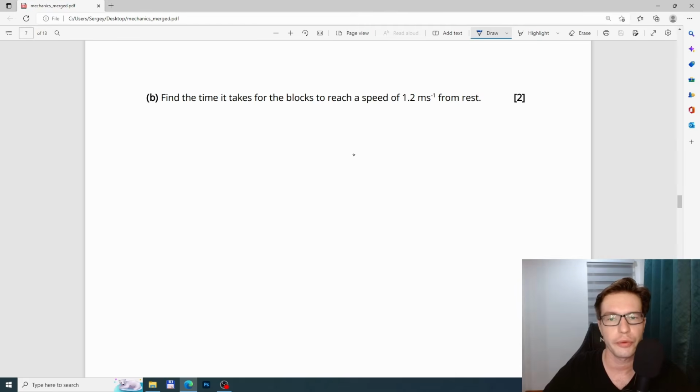Okay, next question. We know the final velocity, v. We know that we start from rest, so u equals 0. And we also know acceleration from the previous question, which is 0.188. And we're looking for the time.